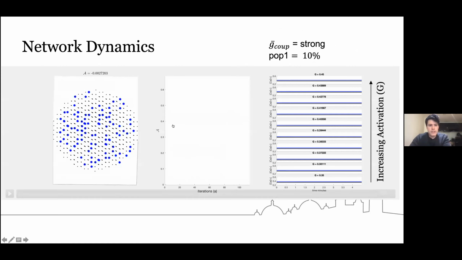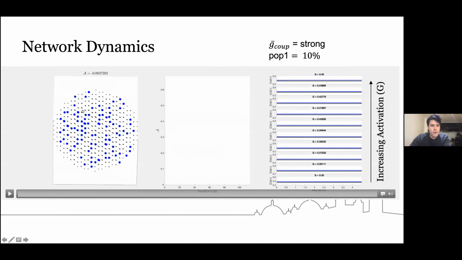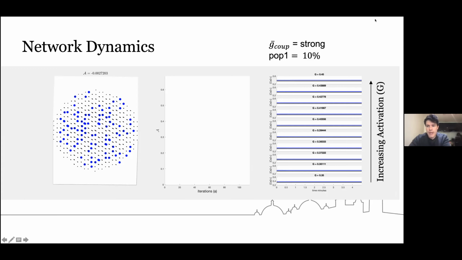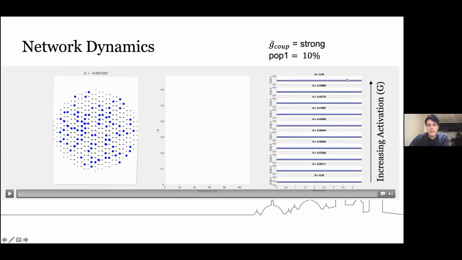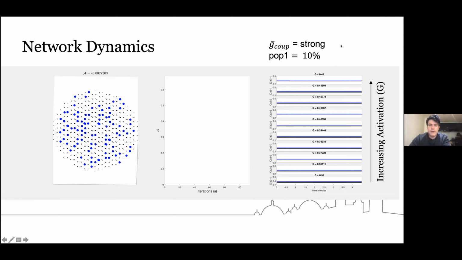Okay, so here's one example where I'm looking at the network starting from the uniform random case and going to the clustered case. On the right we're looking at various mean calcium traces for different levels of activation. The main thing to remember is that the top panels are higher network activation, which you could think of as more glucose, so more bursting.